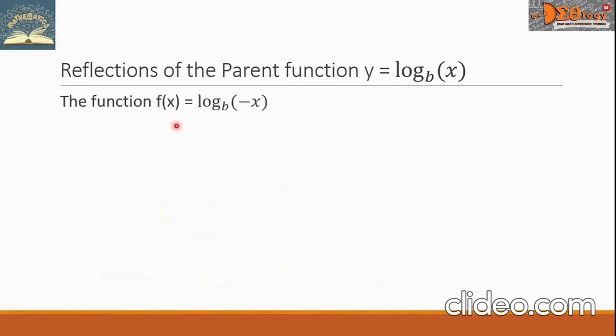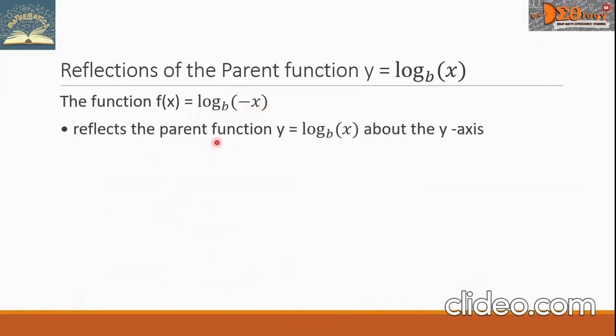Now, the function f of x equals log of negative x to base b reflects the parent function y equals log of x to base b about the y-axis. Here we have one example. h of x equals log of negative x to base b.